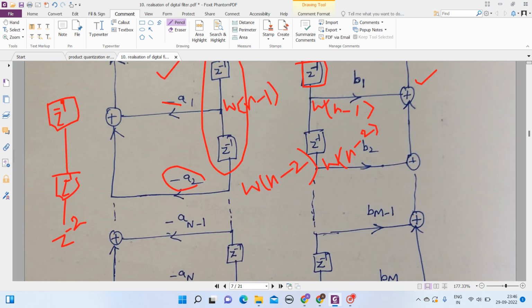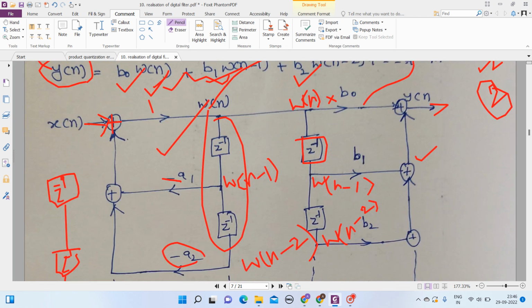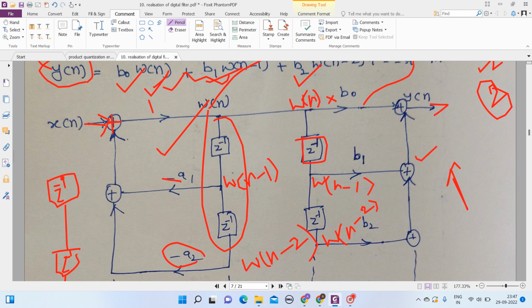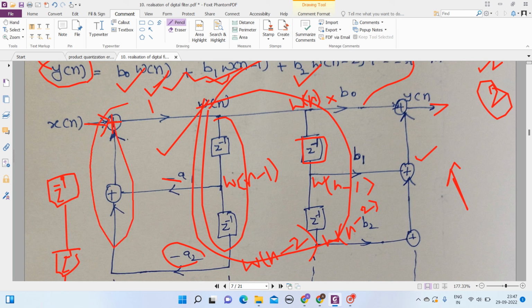So I just have to combine these two structures in order to get the direct form 2 structure. This is not the final structure, I have just drawn the two structures and combined them. See the final structure in the direct form 2 structure: the delay elements exist at the middle part, and the adder elements exist at the sides.